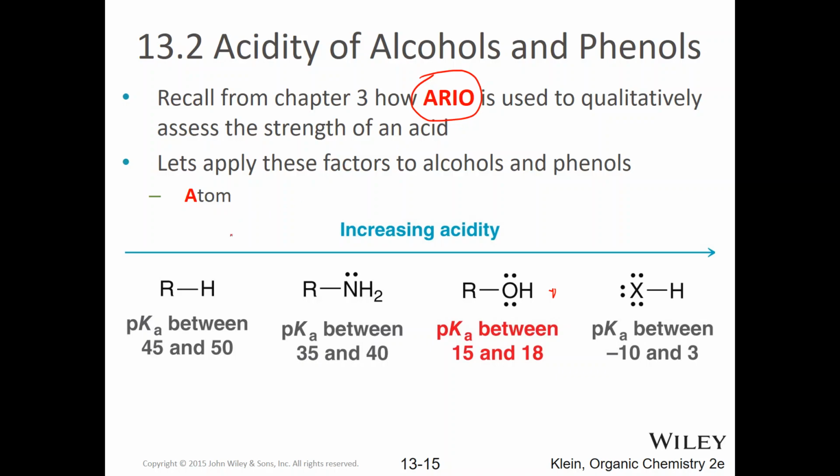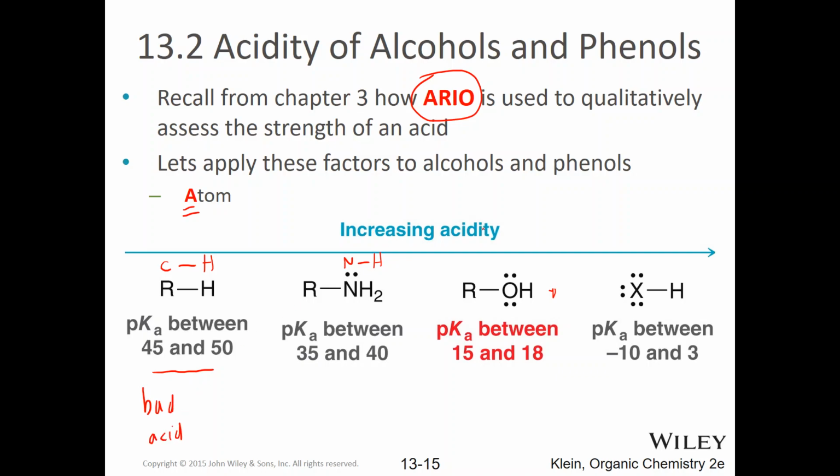So first of all, we consider the atom that the hydrogen is bonded to. If R is an alkyl group, that's going to be a carbon, and that bond is a very strong bond. So it's going to have a very high pKa, a very bad acid.